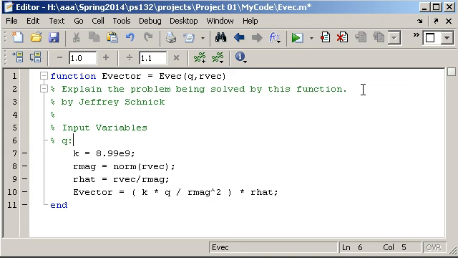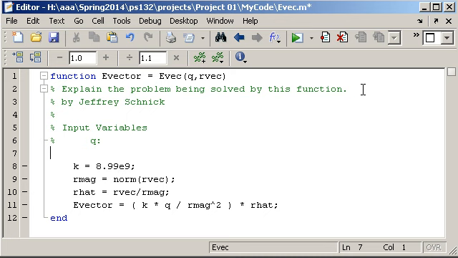Q, percent RVEC. You got to say what it is. Explain what it is.